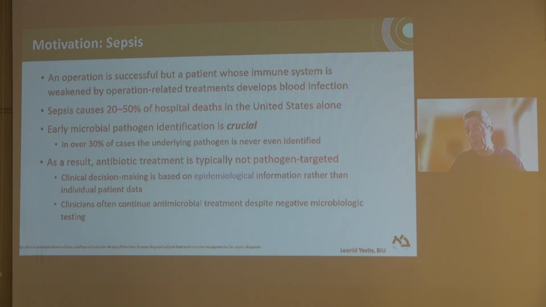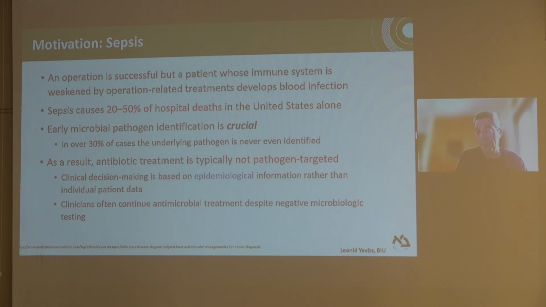Another motivational component is called sepsis, which is a quick blood infection that typically happens, for example, in a hospital environment where people undergo surgeries and all kinds of procedures when their immune systems are weakened. So it's completely plausible that a person can undergo a complex operation and come out just fine, and then develop a blood infection, which can cause severe illness or death.